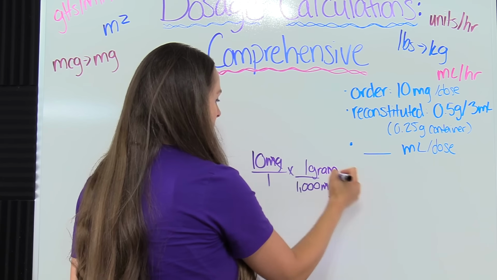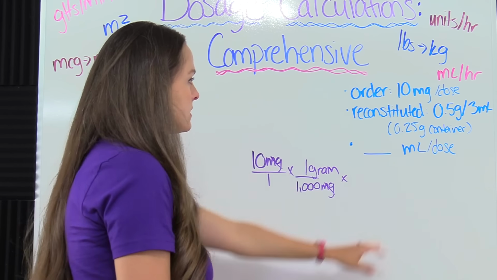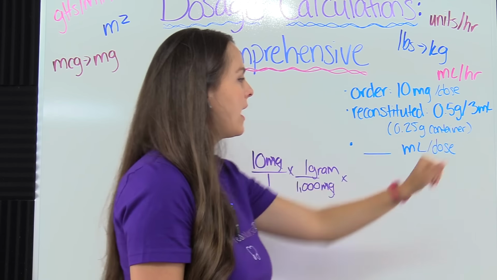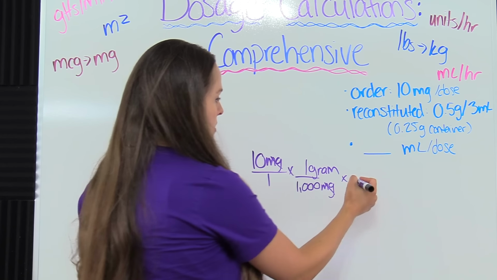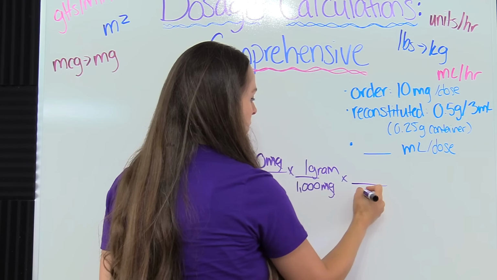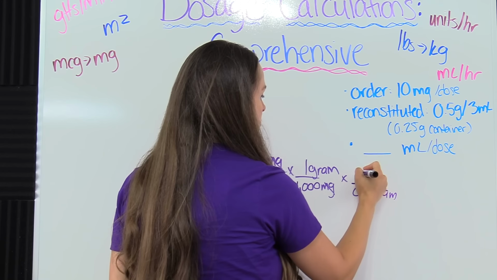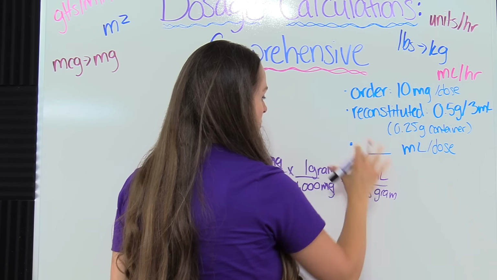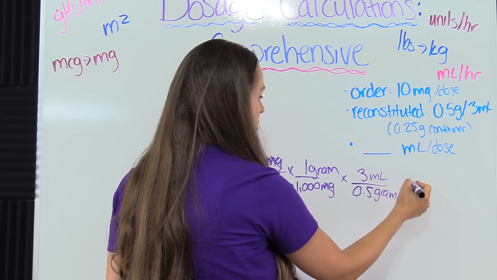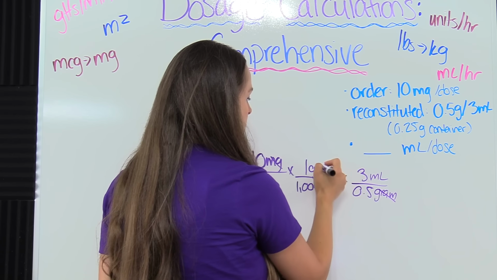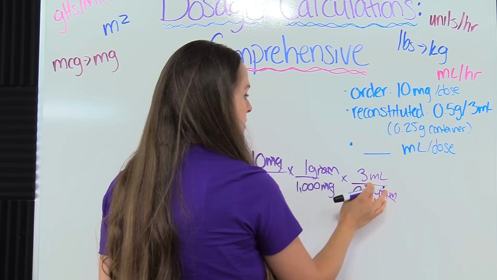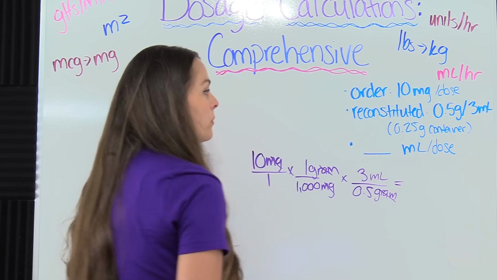So milligrams cancels out, and we are told that we have this amount. So 0.5 grams is equal to 3 milliliters, and this is what its value is once it's been reconstituted. So grams cancels out, and we're left with milliliters per dose, and that's what we need to know.